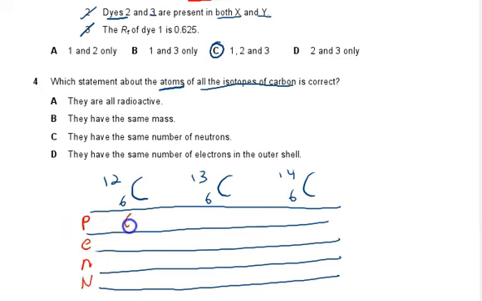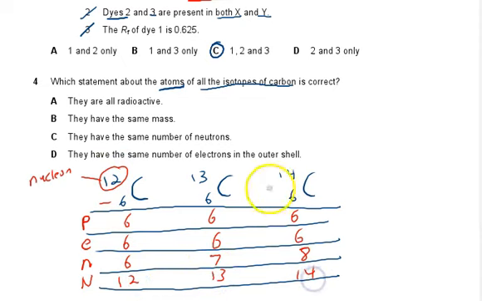So here will be 6, 6, 6, 6, 6 and 6. For the neutron you have to minus the nucleon number. This is the nucleon number and this is the proton number. So it is 6, this one will be 7 and here will be 8, and the nucleon number, the number on top here, is 12, 13 and 14. Okay, so please remember this one guys.